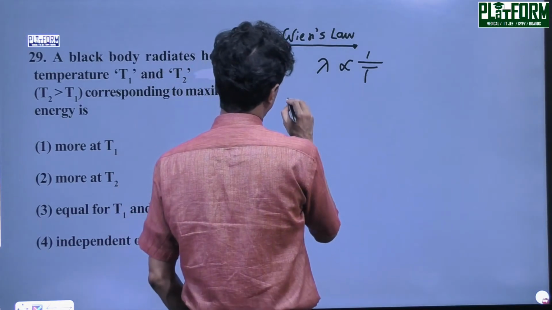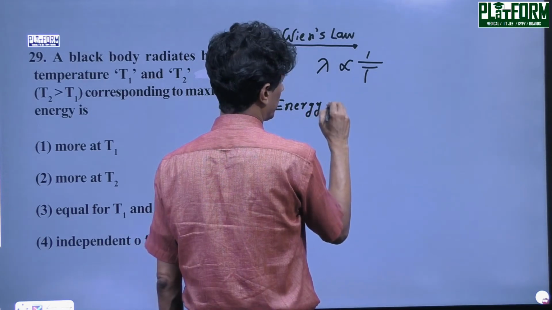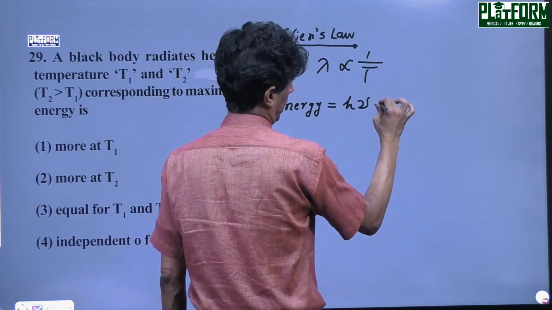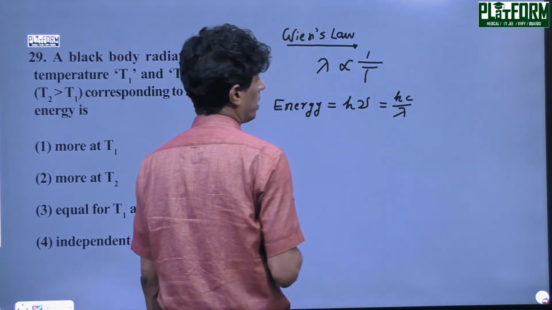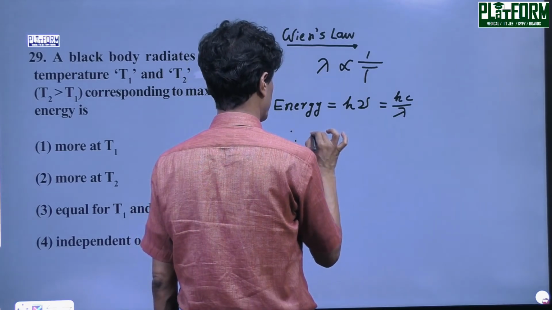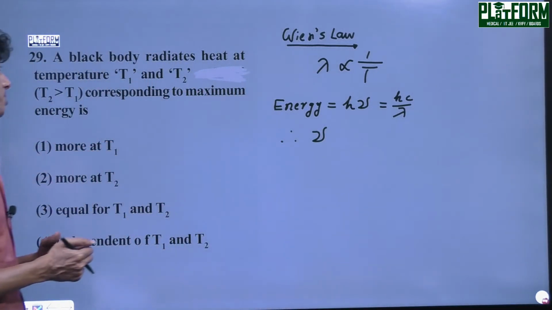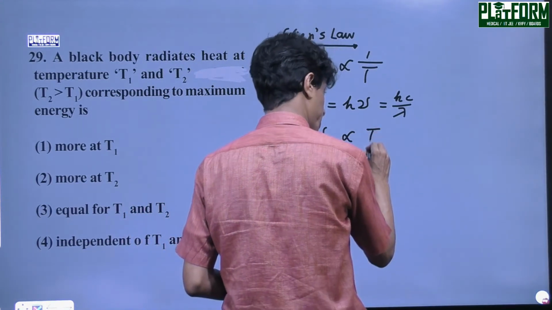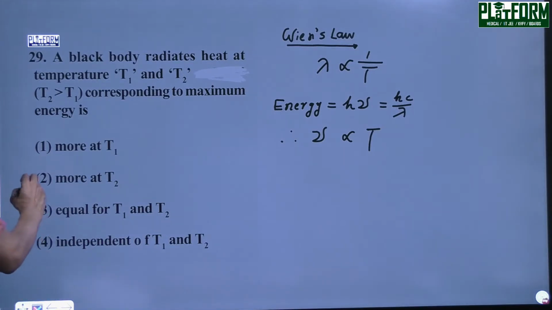And you know, the energy of radiation is h nu, where nu is the frequency, and it is equal to hc by lambda. So the frequency corresponding to maximum intensity, that is maximum energy, is directly proportional to the absolute temperature. Since temperature T2 is greater than T1, we can write that it is more at temperature T2.